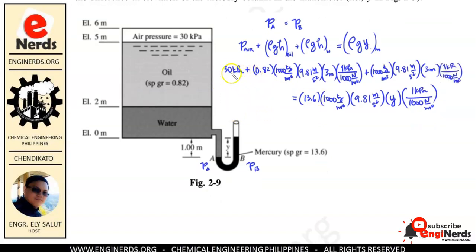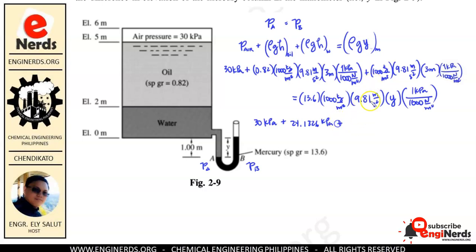So we have 30 kilopascal. So rewrite muna natin. We have 30 kilopascal plus 0.82 times 1,000 times 9.81 times 3 divided by 1,000 is equal to 24.1326 kilopascal.